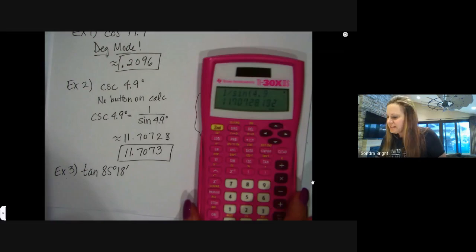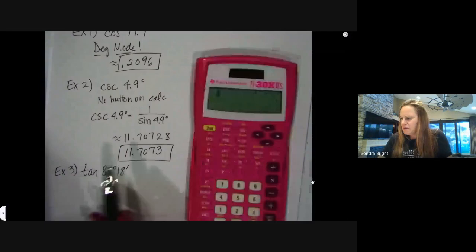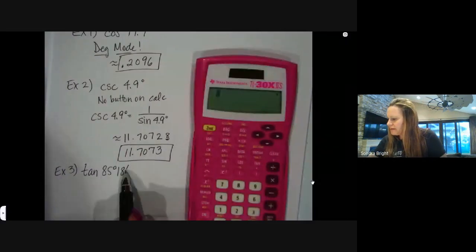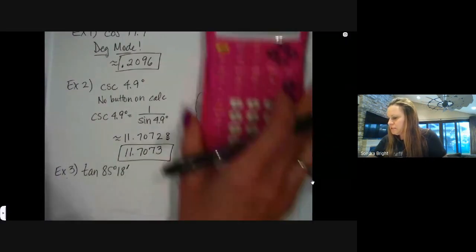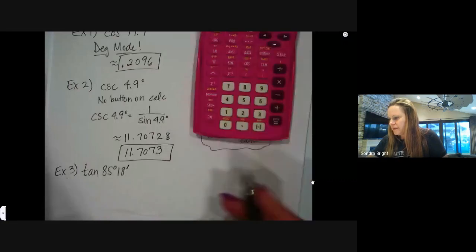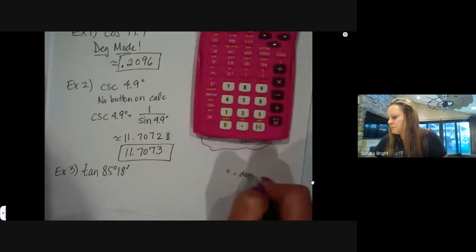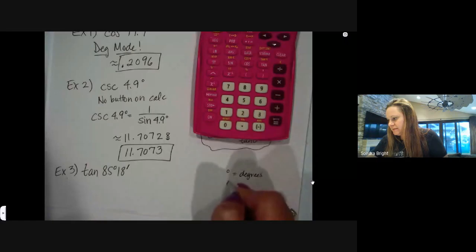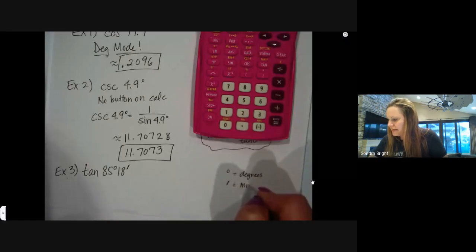How do you get this minutes? Oh, so you probably don't know what minutes are yet, huh? Okay, so let's do that to the side. Degrees means degrees. One little slash means minutes, and 2 little slashes like that means seconds.